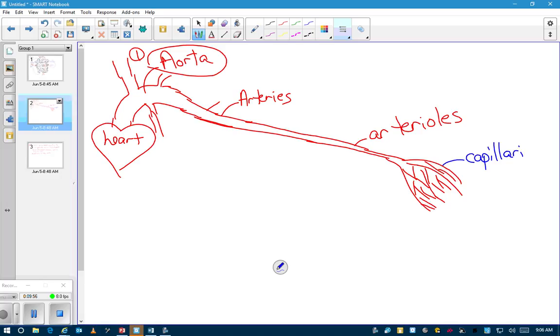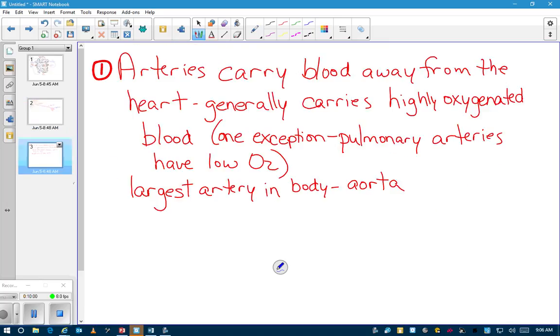So what's a capillary? Not exactly. So capillaries are the tiniest blood vessels. So when I showed pictures last class of a red blood cell barely squeezing through a blood vessel, those are probably capillaries. So they're the smallest in your body.